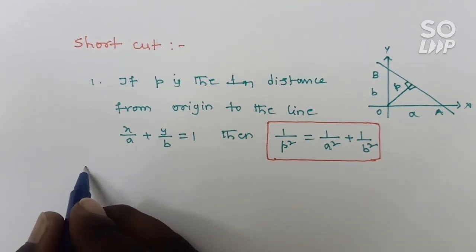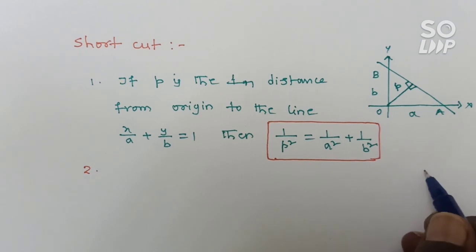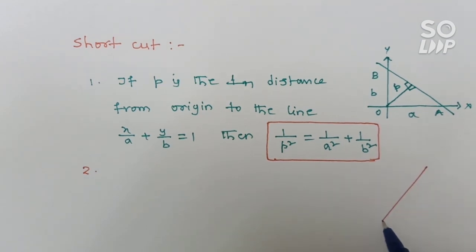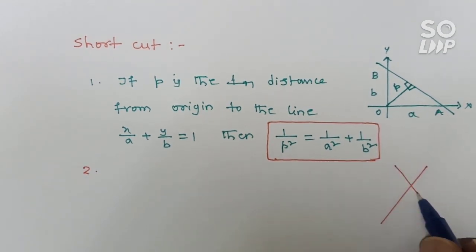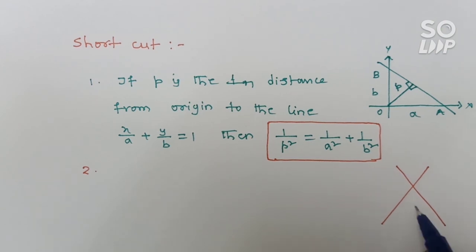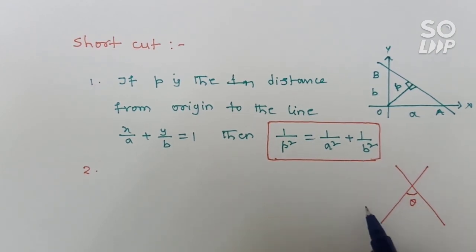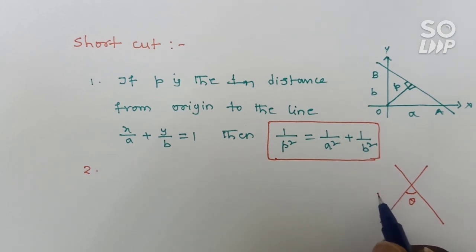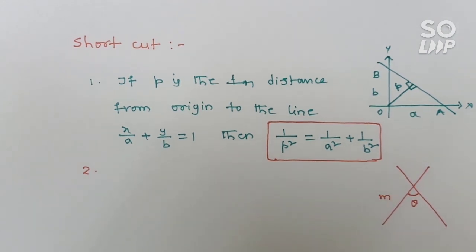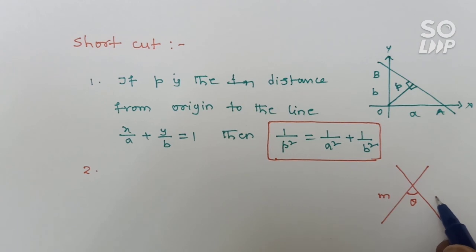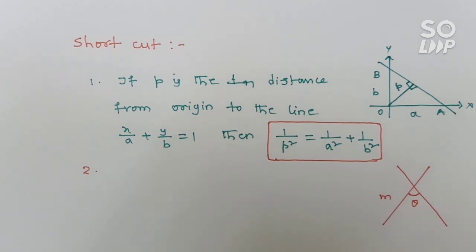And next, you see the second one. Suppose two lines are intersecting at an angle theta and the slope of one line is m, then what is the slope of the other line?